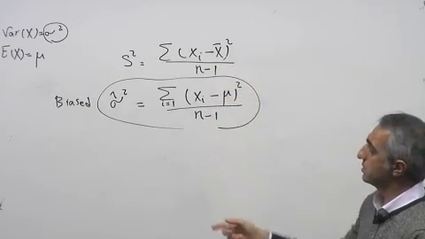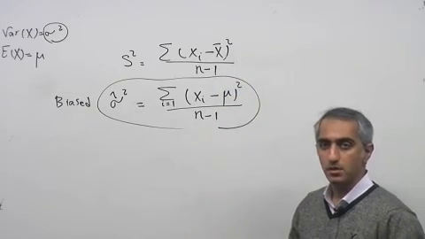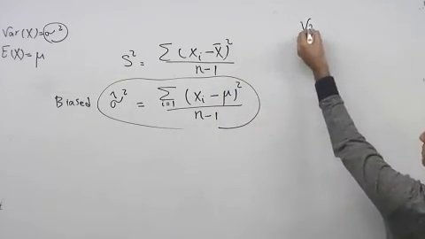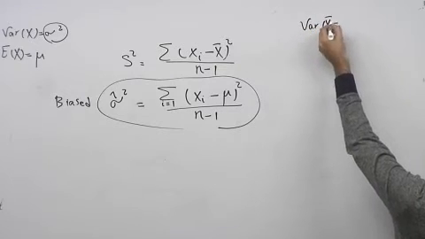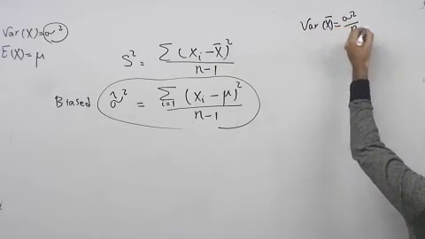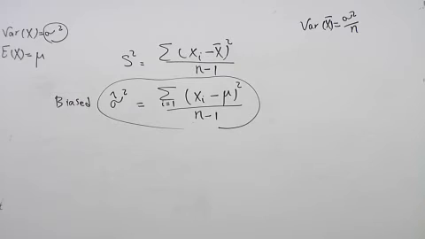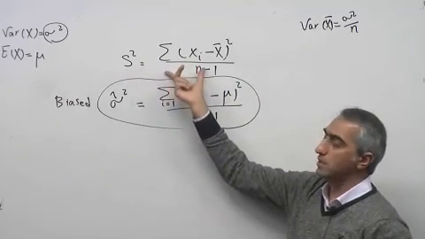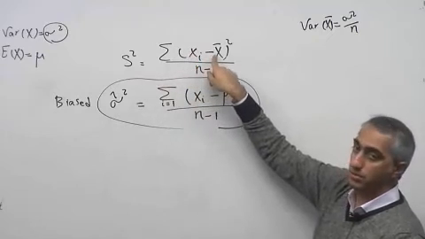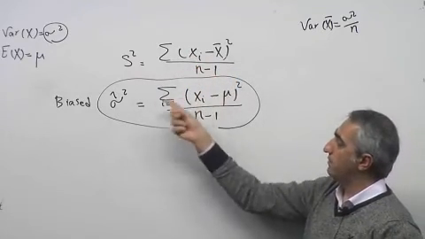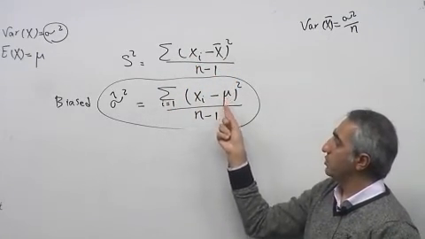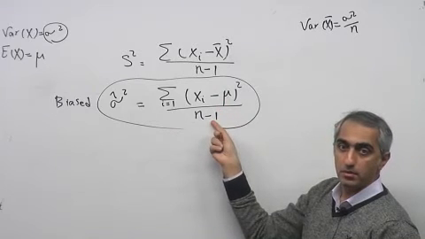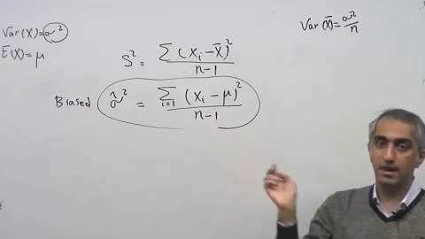This is just the definition of S squared. So the variance of x bar is always sigma squared divided by n. This is the equation for S squared when you don't know mu; when you know mu, I want to show you this is not a good estimator. It has nothing to do with the variance of x bar.